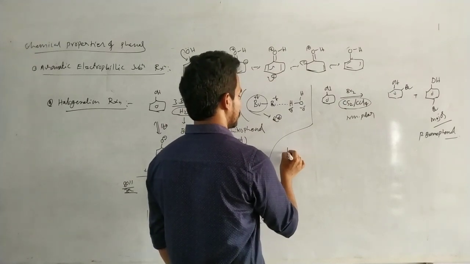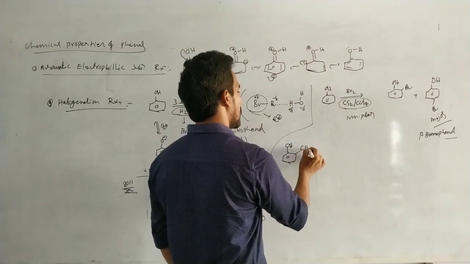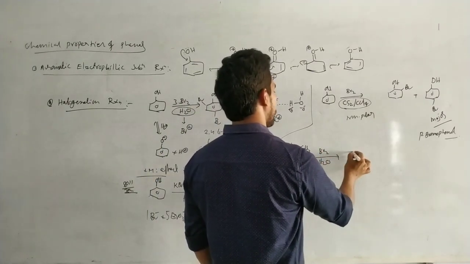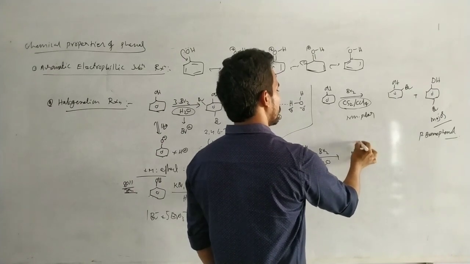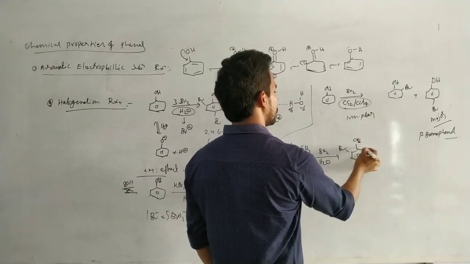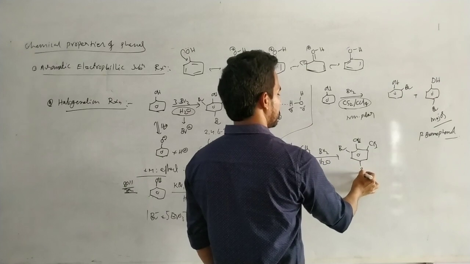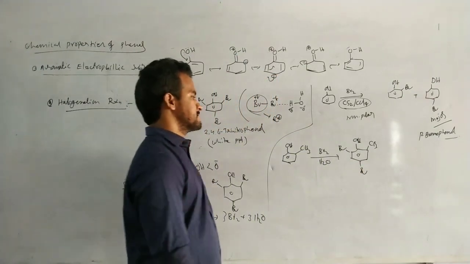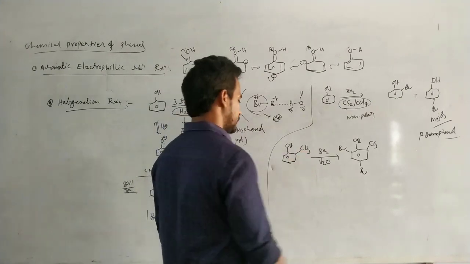Another reaction example: if one ortho position is blocked, then on treating with bromine and water, substitution takes place at the remaining one ortho position and the para position, because one ortho position is blocked.